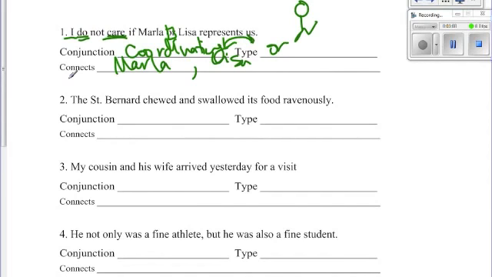Number 2, the St. Bernard chewed and swallowed its food ravenously. Well, we've learned, what is this sentence talking about? It's talking about the St. Bernard. We can find a noun indicator, the. What did the St. Bernard do? Well, it chewed. But it did something else. This conjunction, and, that stands alone, connects the two things that the St. Bernard did.